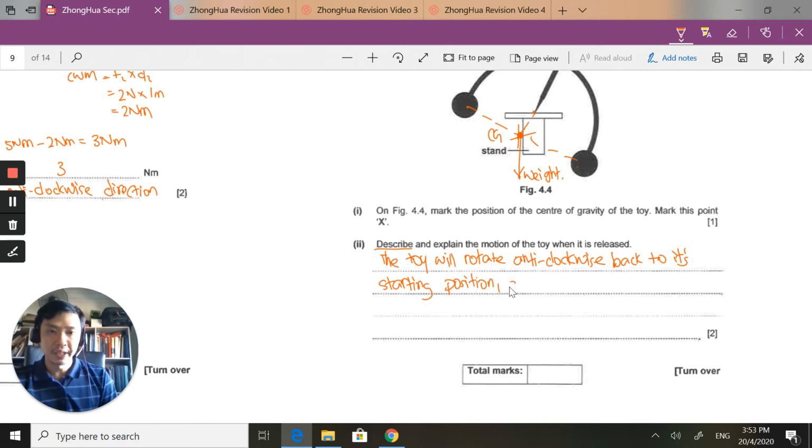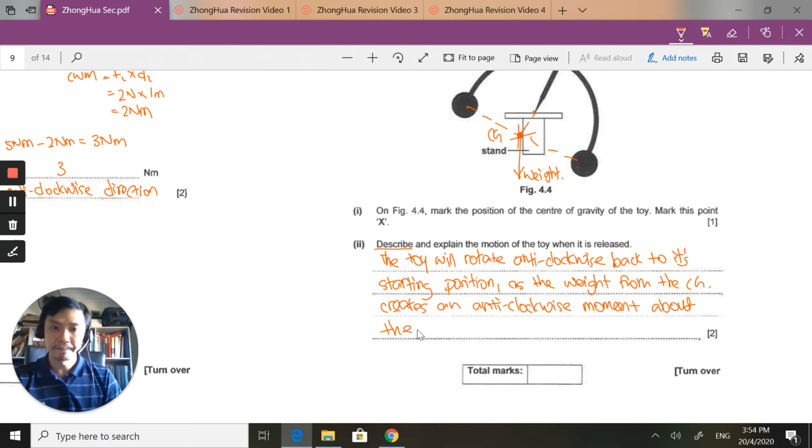Because the line of action of the weight from the CG creates an anti-clockwise moment about the pivot. Pivot being this point here.